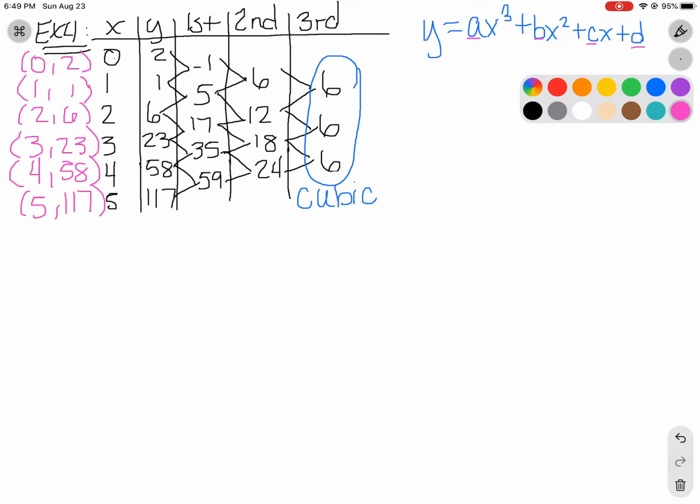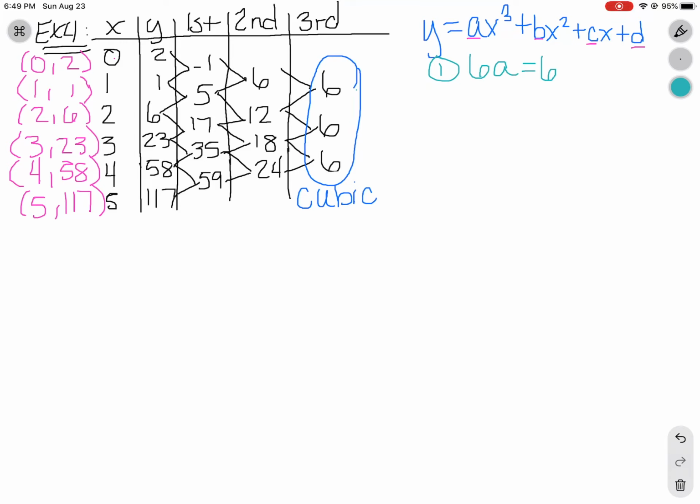So last week I talked about how whenever we have a constant in the third differences column, we set our constant number equal to 6a. And in this case, our constant number is 6. So if that third differences number had been 17, you would have set 6a equal to 17. But in this case, it's 6, so that's why we're setting 6a equal to 6.